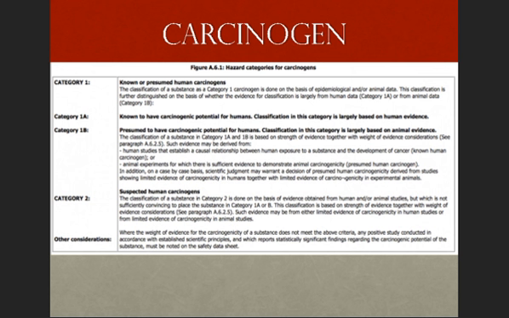Category 1A carcinogens are known to have carcinogenic potential for human beings based on a great deal of scientific evidence. Category 1B carcinogens are presumed to have some type of carcinogenic potential to human beings based upon laboratory experiments involving animal test studies.